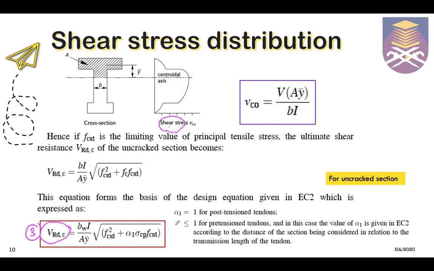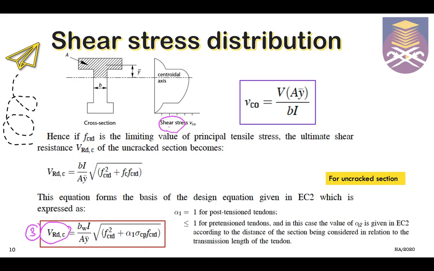You can see here we also have FCTD, which we can calculate based on the FCTK value, and we also have the alpha value. This alpha value will be taken as 1 for post-tension tendons, and less than 1 for pretension tendons.